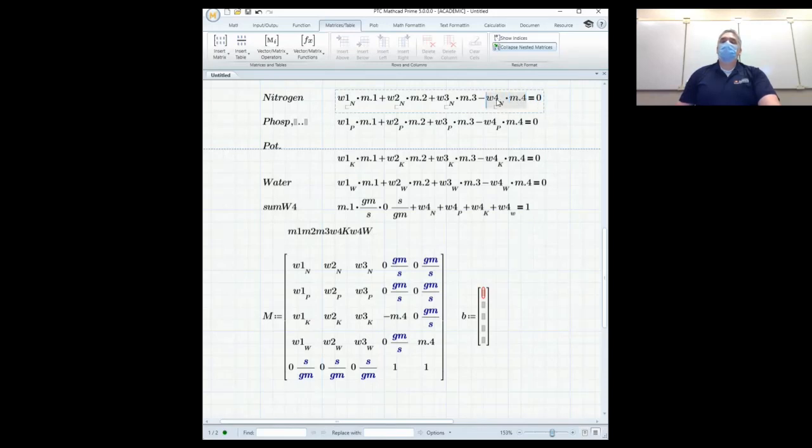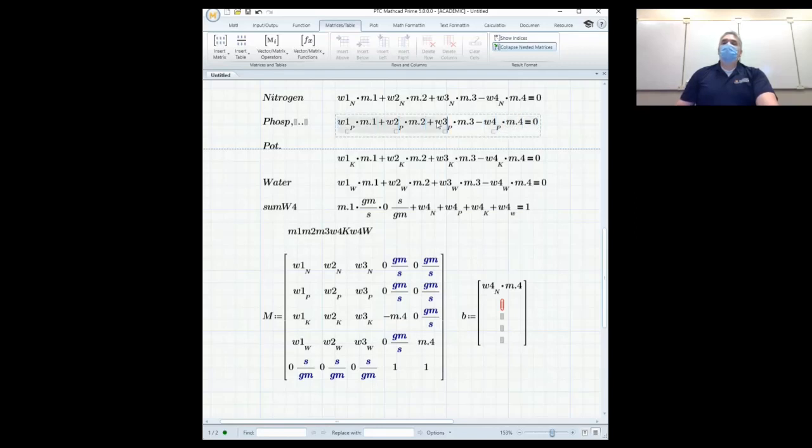So this term here is negative on this side of the equation. We put it positive on this side, and it becomes the term over here, W4N times M dot 4. So the first term here is this term brought to the other side of the equation. Then over here, we know WP4 and we know M4. So this whole term moves to the other side of the equation.